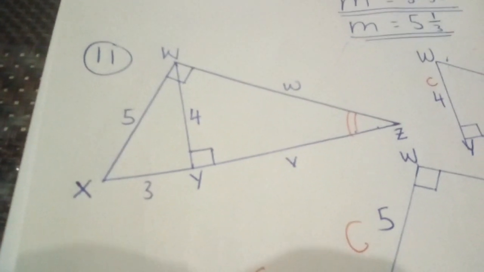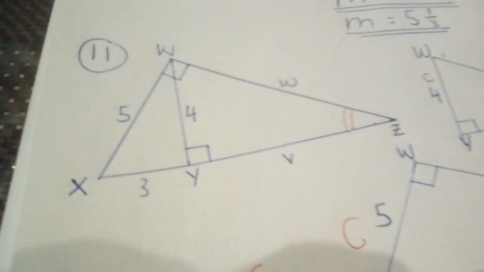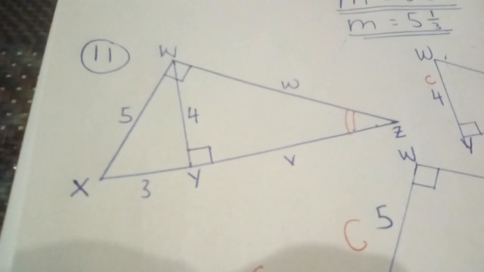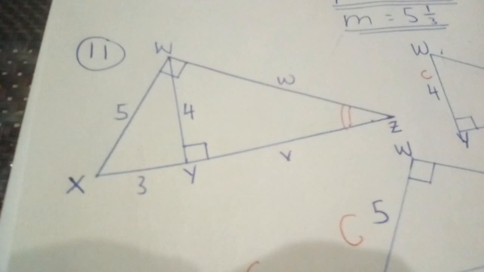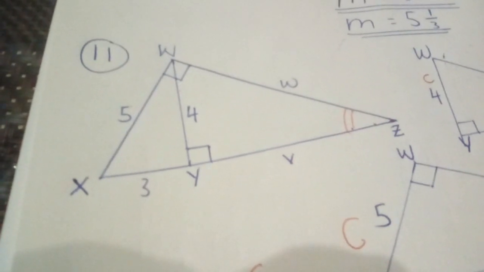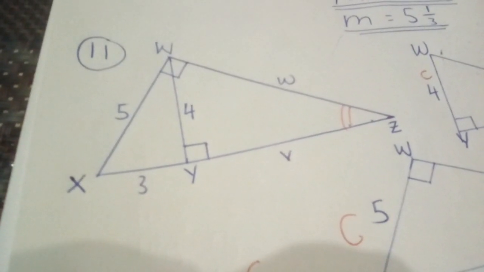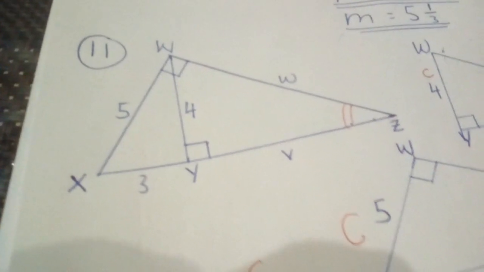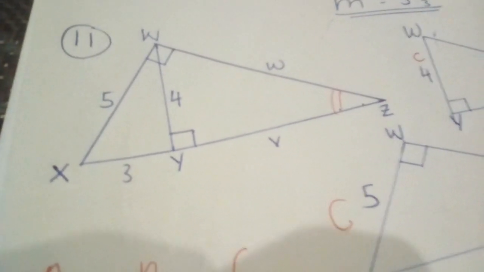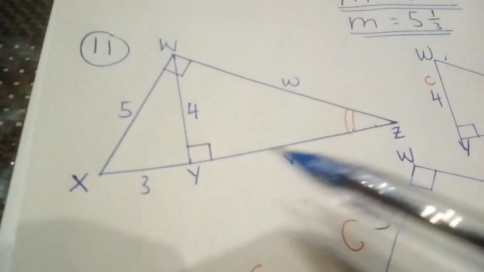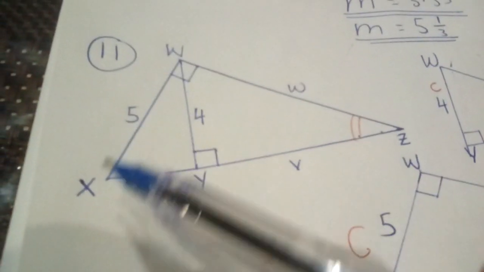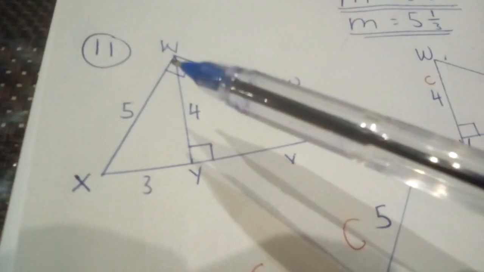Again, I'm reminding you, we don't split the two triangles which are inside. Instead, the whole shape, that is W, X, and Z, stands for the whole big triangle, meaning here, W, X, Z. The whole shape stands for the bigger shape.